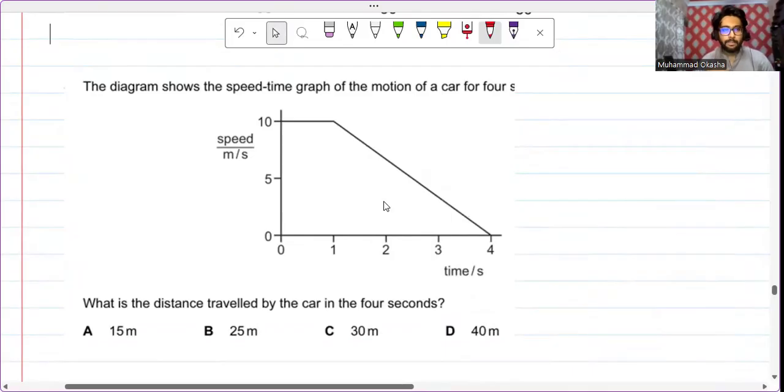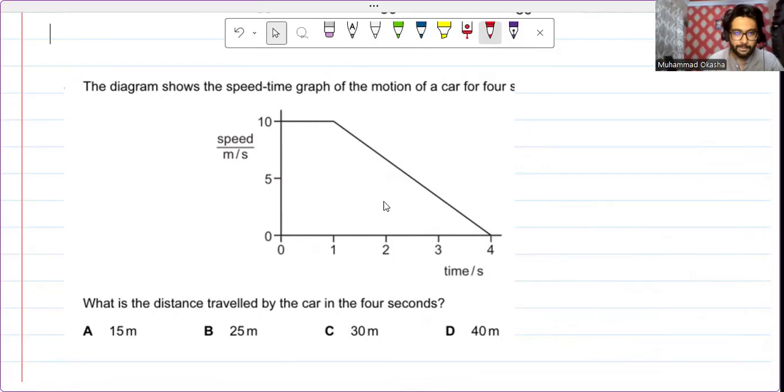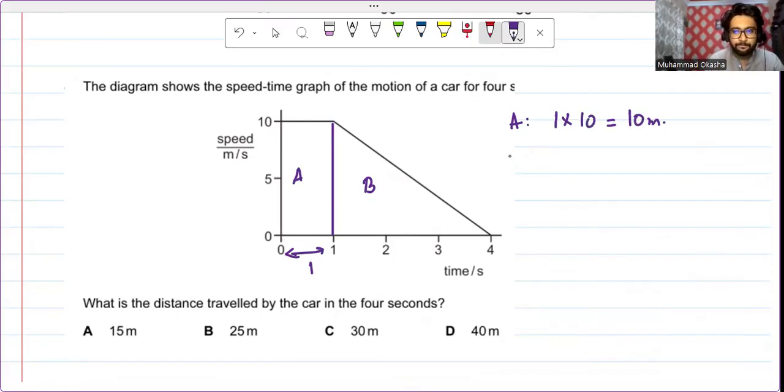The diagram shows the speed time graph of the motion of the car for 4 seconds. What is the distance traveled by the car in 4 seconds? Which means we need to work out all of the area. I'm going to call this area A, and this area B. For area A, length is 1, multiplied by height 10, so it's going to be 10 meters.